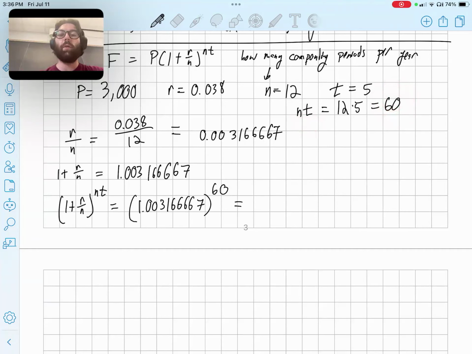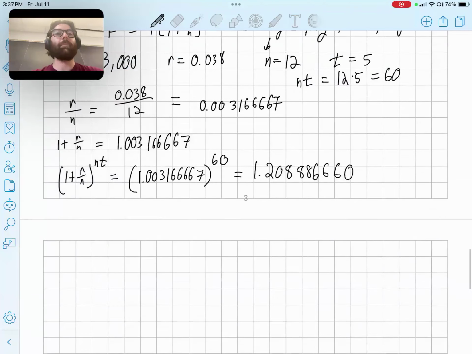So I'm going to raise 1.003166667 to the power of 60. So that's 1.208886660, rounding it to 9 decimal places.